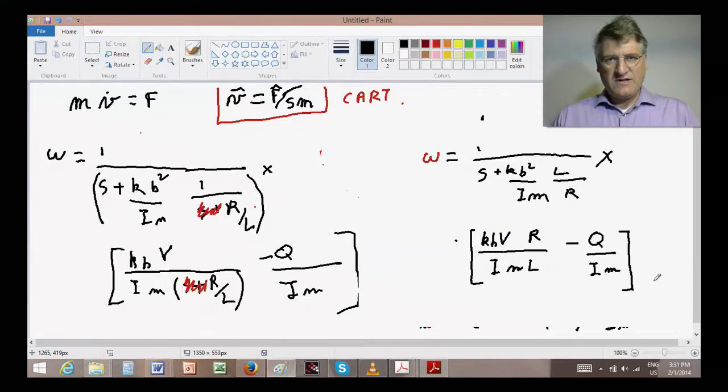Now, the equation of omega can be linked to that of the current. And by doing so, we obtain the following.